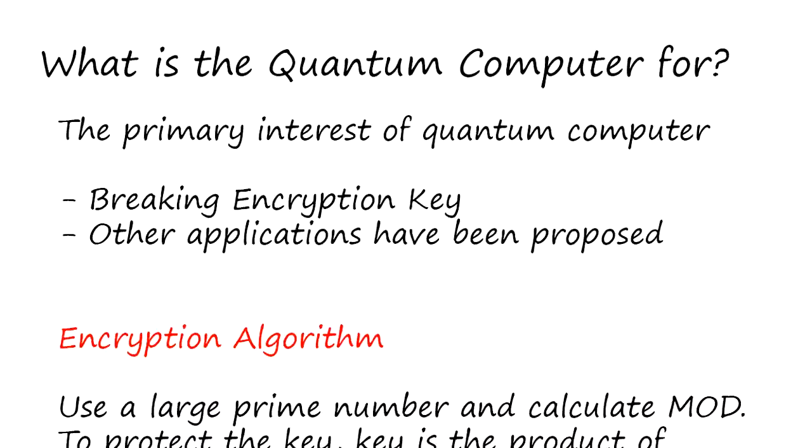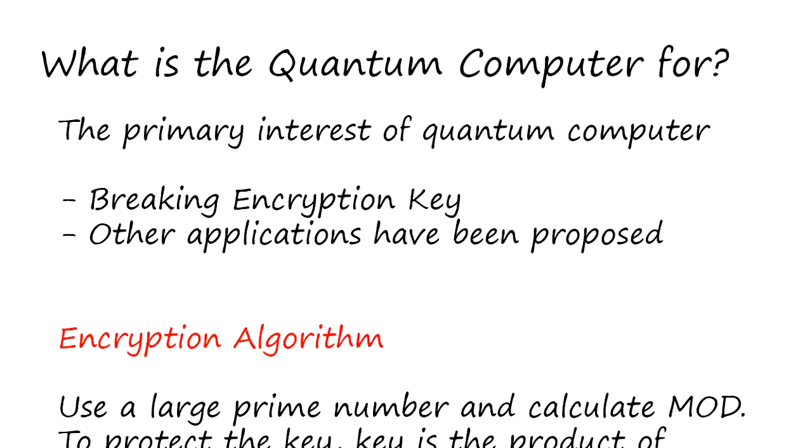I have other videos that explain how secure communication is done. It's basically done with large prime numbers, and hacking that key using a general purpose computer would probably take many years.